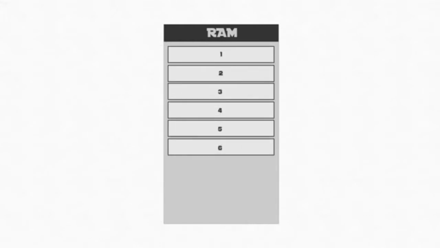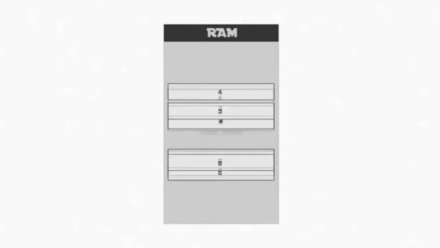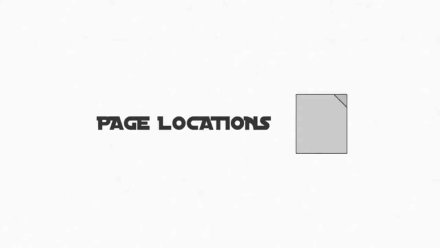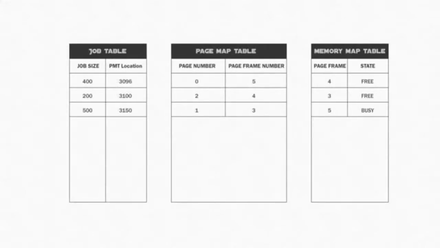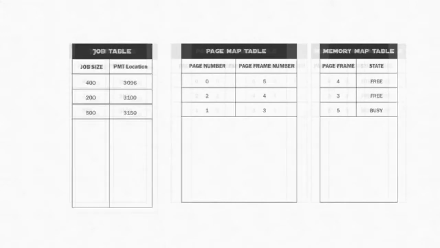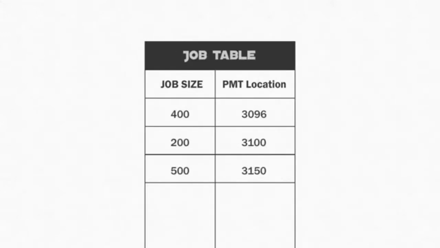Now, this is a more efficient scheme, but it does come with complications. We need a way to keep track of all the page locations, which increases complexity in the operation. Through the use of 3 tables stored in the part of the main memory, we can keep an eye on locations of various jobs. The job table is a dynamic list that contains 2 values, the size of the job and the page map table location of that job.